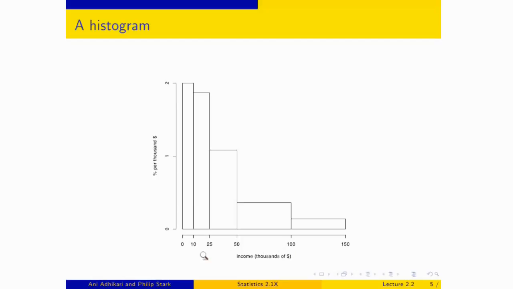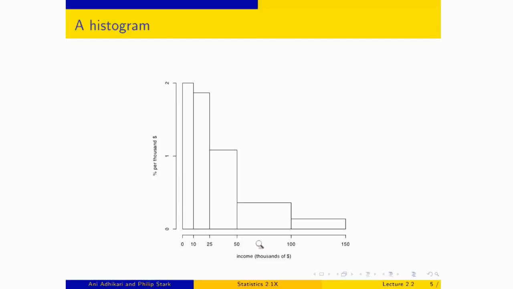These are the incomes, and the person tabulating the data had made the choice to use the intervals 0 to 10, 10 to 25, 25 to 50, and so on. And I hope you can see why they did not go ahead and just use equal intervals, 0 to 10, 10 to 20, 20 to 30, 30 to 40, etc. First, because there would have been an awful lot of them.